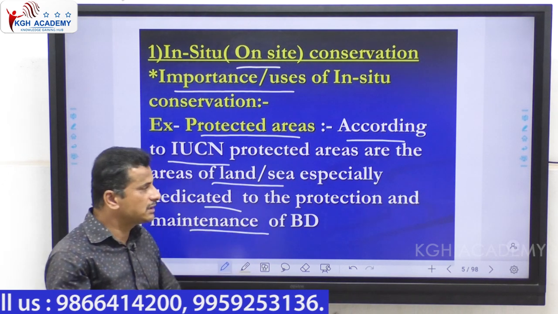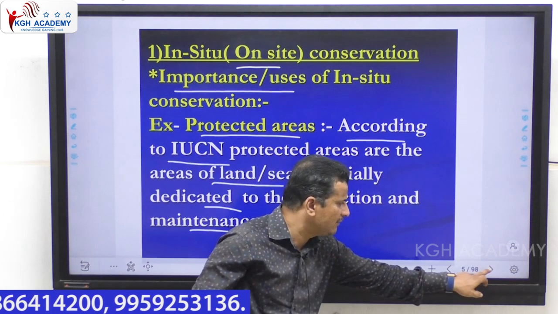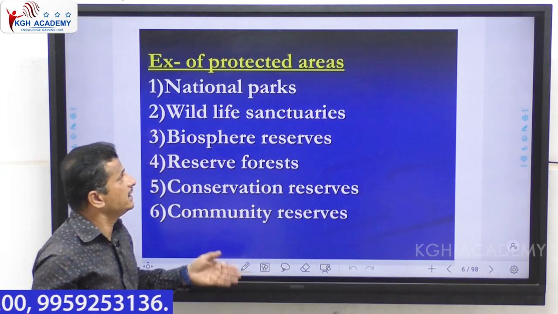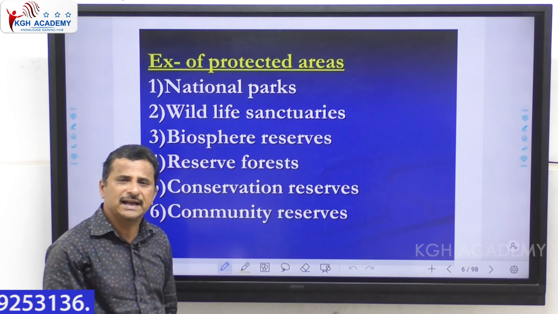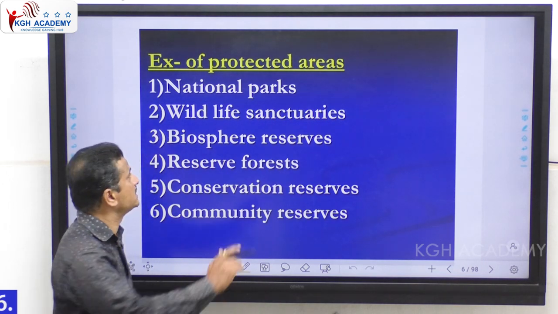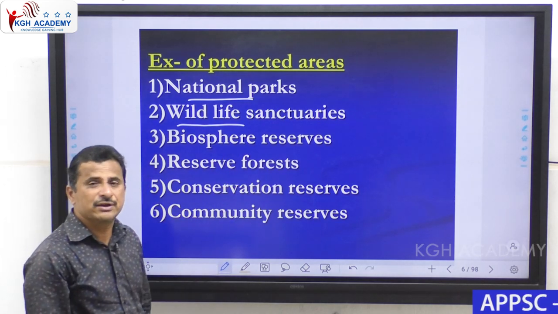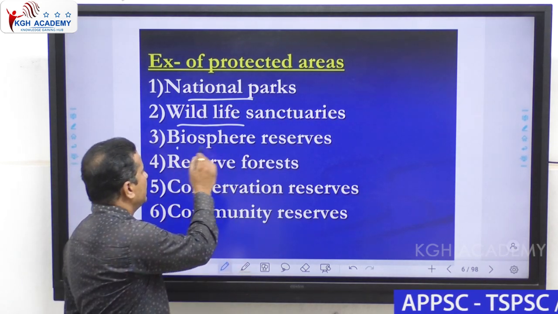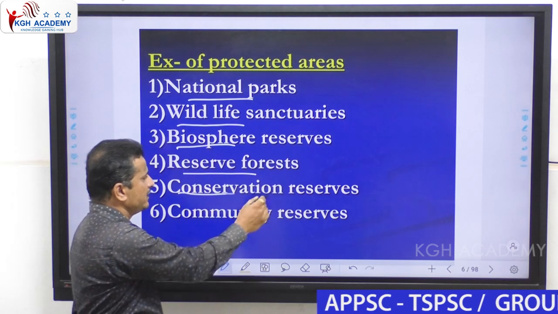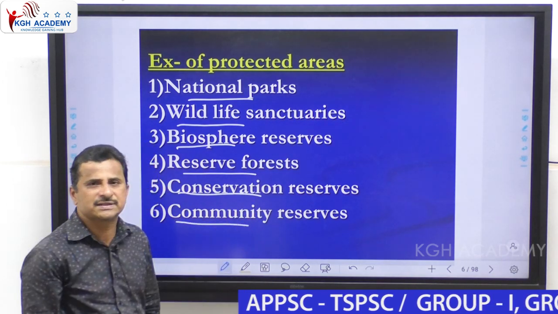Then what are the protected areas? Here I am giving a list of different types and examples of protected areas. They are national parks, wildlife sanctuaries, biosphere reserves, reserve forests, conservation reserves, community reserves, like this.